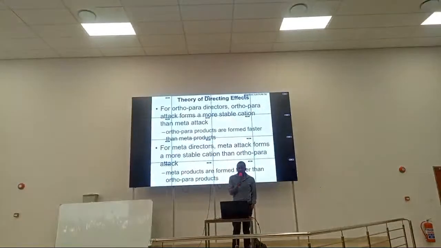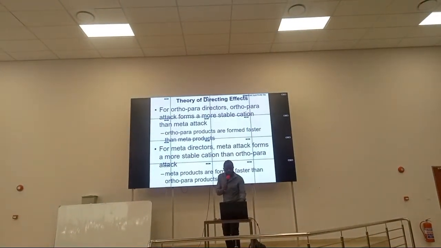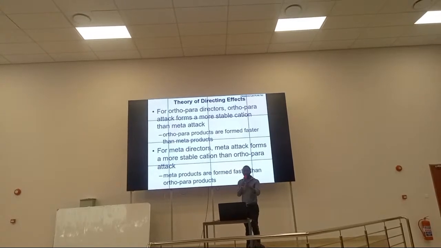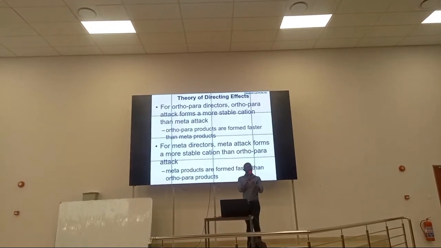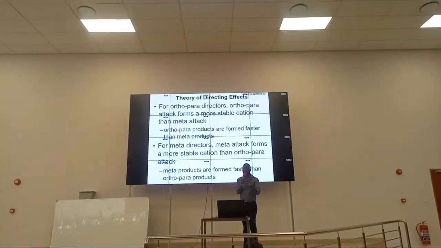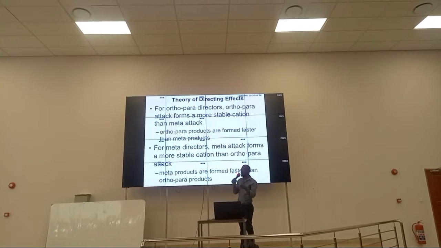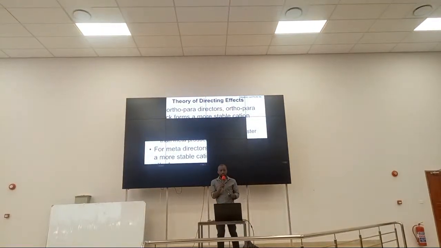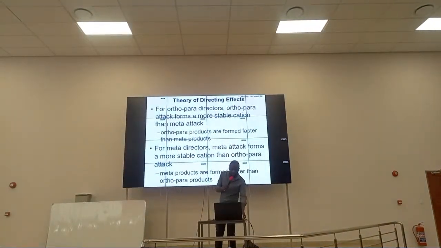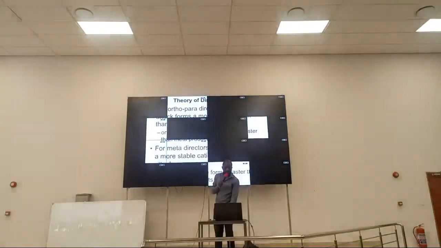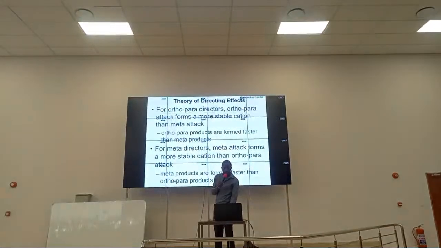And then the same holds true for meta directors. We have to understand this as directing effects of the substituent. So the meta attack will form a more stable cation than an ortho-para attack, and in this case, the meta products are formed faster than ortho-para products.